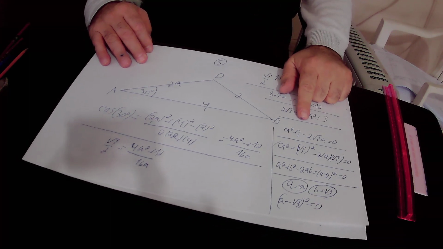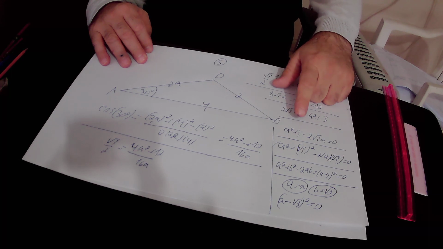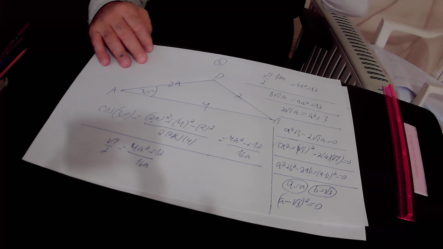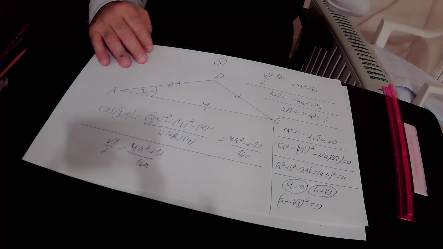We know that 3 is square root of 3 squared, so we substituted 3 by square root of 3 squared, and we got that a squared plus square root of 3 squared minus 2 times a times square root of 3 equals 0.